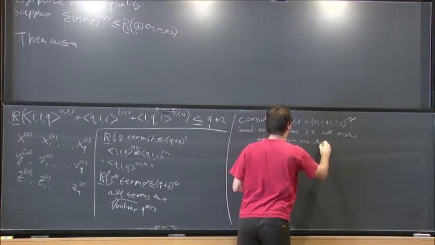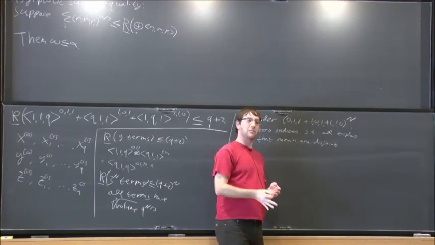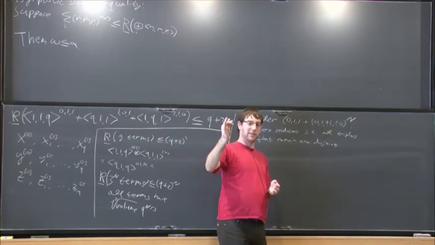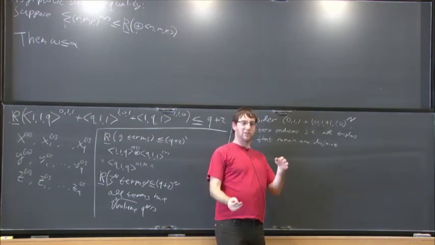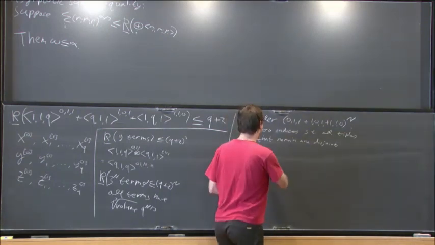So what does disjoint mean here? It means that there's no x index that repeats, and no y index that repeats, and no z index that repeats. And that ensures that the actual variables are all actually disjoint. Okay, and we want to get as many of them as possible.